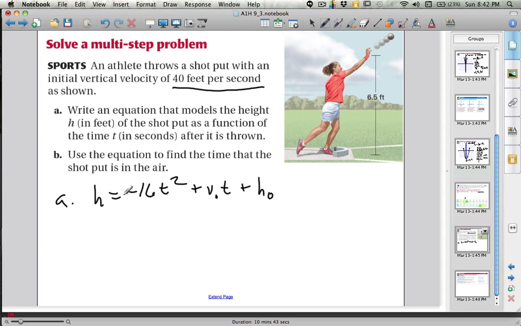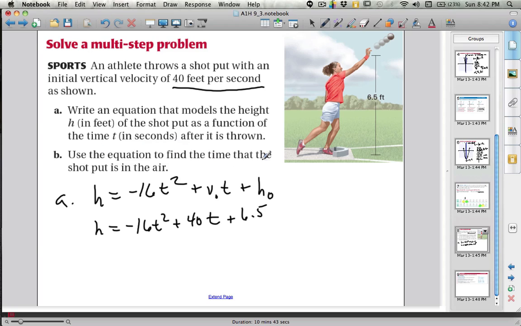Okay, and when we look at this problem, we've got initial velocity. I know that my height will be negative 16t squared plus, right, an initial velocity of 40 feet per second times time plus the initial height, and you can see she releases this at 6.5 feet.